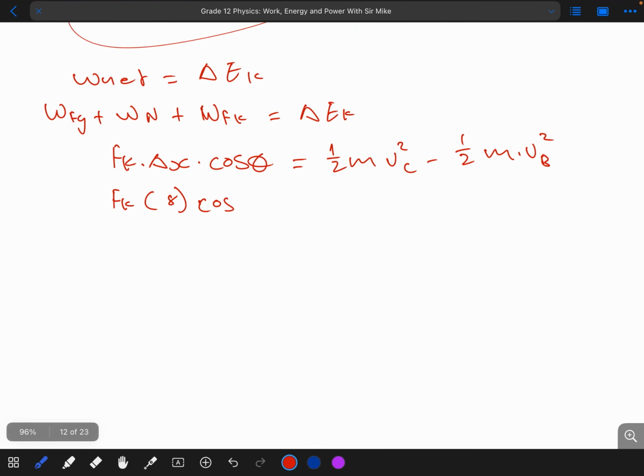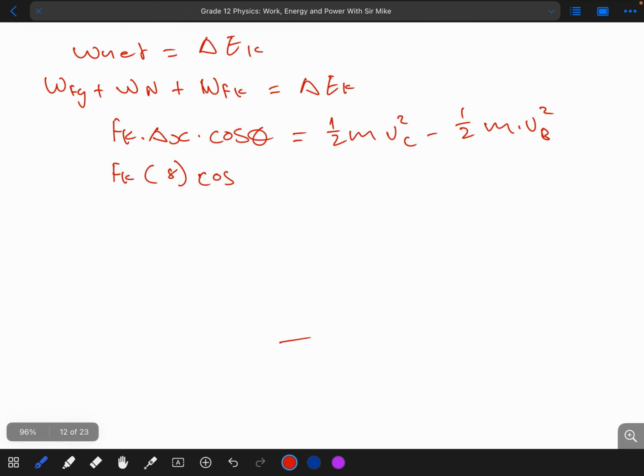Our frictional force is in that direction, and our displacement is in that direction there. So the angle between them would be 180 degrees, so this would be cos of 180 degrees.